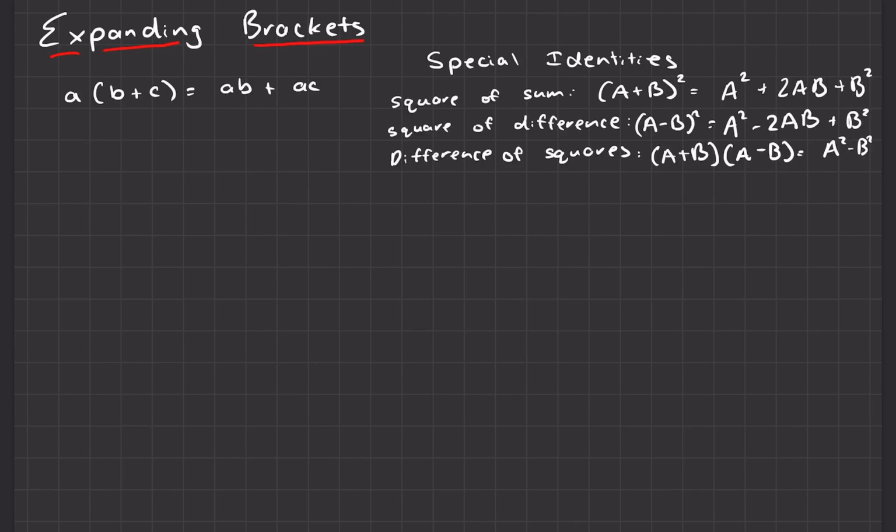On to our first example. Say, for instance, we have 4(a plus 3b). Now, this can be quite a simple question, yet many students may find trouble with this.